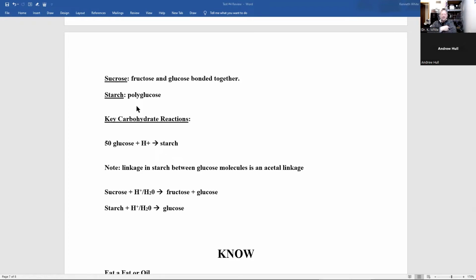So what that means is you take a lot of glucose and add some acid catalyst, otherwise known as an enzyme, and you'll get starch. And remember, what's the key functional group in a carbohydrate? And that is an acetal linkage.